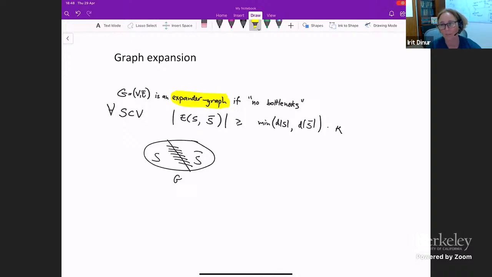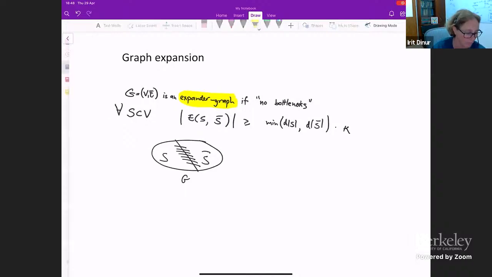I want to emphasize that I'm talking at a high level. There are many different definitions for expansion: the combinatorial definition of edge expansion, spectral definitions, and vertex expansion. All of these are somewhat similar, but not exactly the same, and I'm not going to go into details. So let's just understand it to be some definition that says that the graph is robustly connected. Even if you remove some edges, it's still going to be connected.